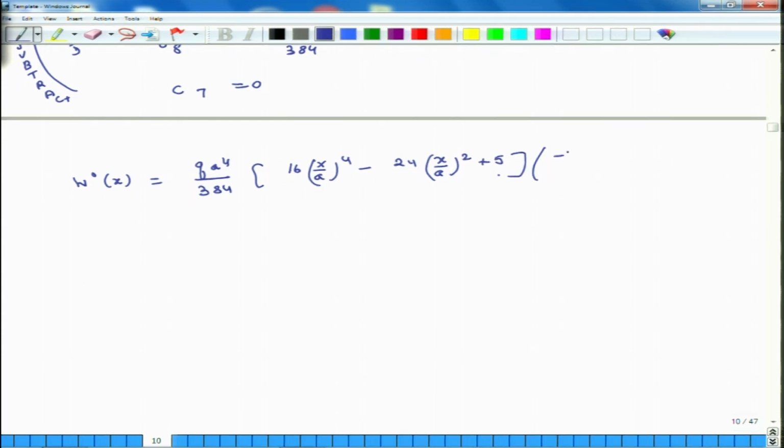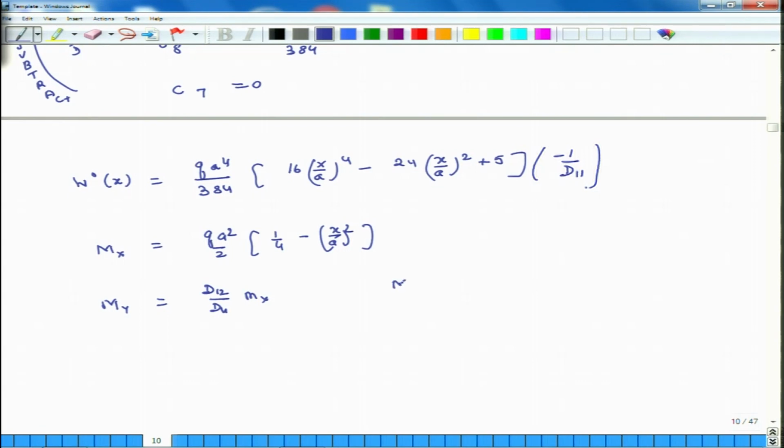Multiplied by 1 over d11, and the relation for mx and my is d12 over d11 mx, and mxy is 0.